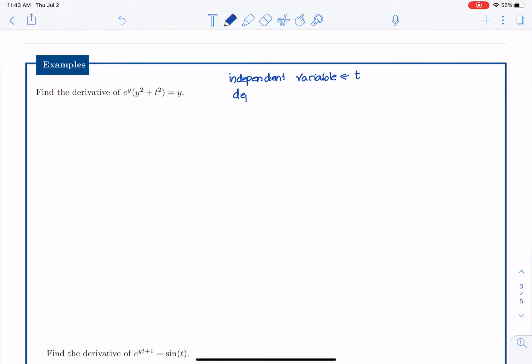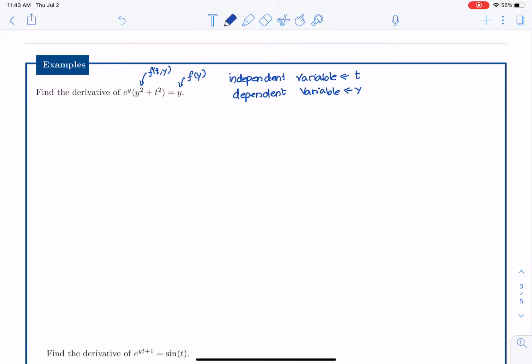The dependent variable is y, and we have a function of t and y, so both type 1, type 2 combined here. So how do we find the derivative?